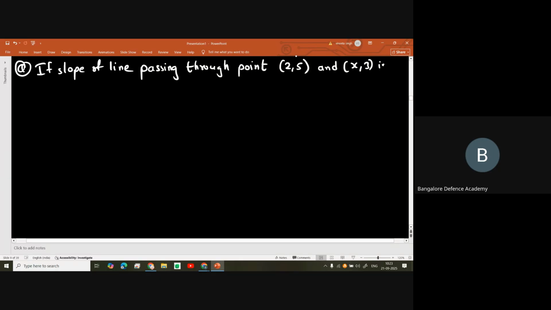Right now, if the slope of the line passing through the points 2 comma 5 and x comma 3 is 2, find the value of x.